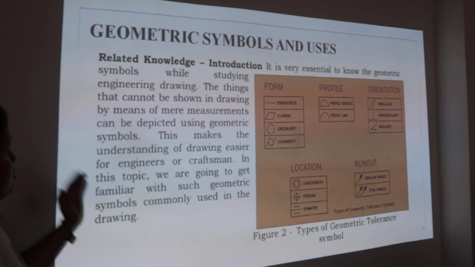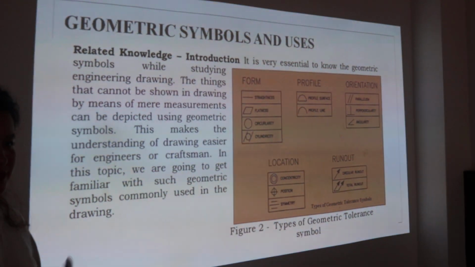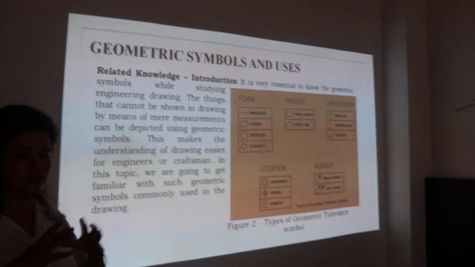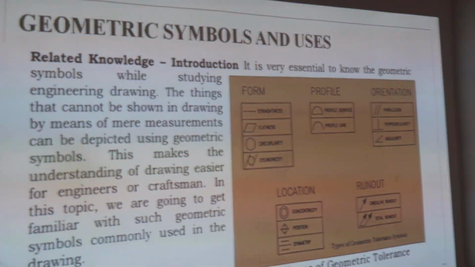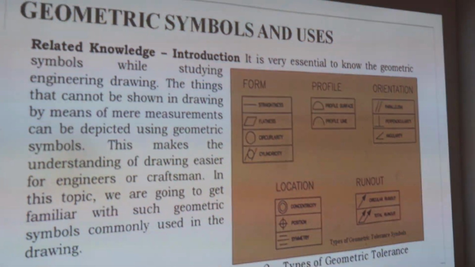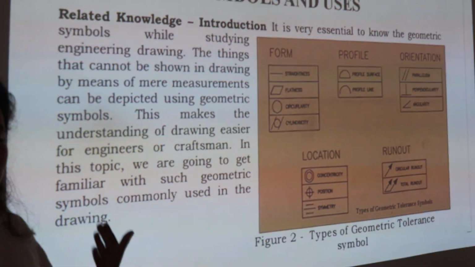Now we'll go to geometric symbols and uses. Suppose you are drawing something and the other person who is seeing your drawing is not able to understand it. So what you can do is use geometric symbols.